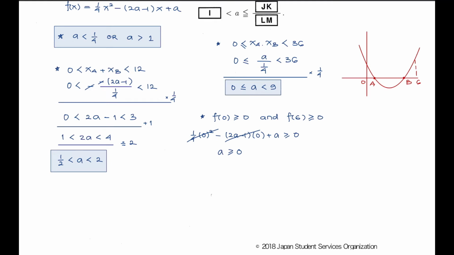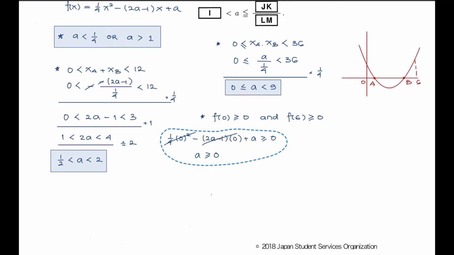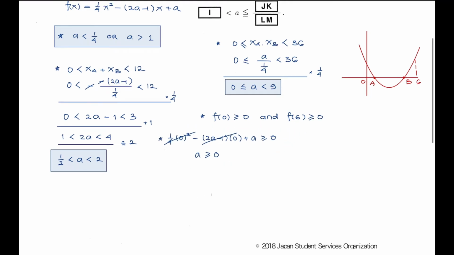And then f of 6 must also be greater than or equal to 0. Just substitute x by 6. We will get 1/4 times 6 squared minus 2a minus 1 times 6 plus a greater than or equal to 0. 36 divided by 4 is 9.